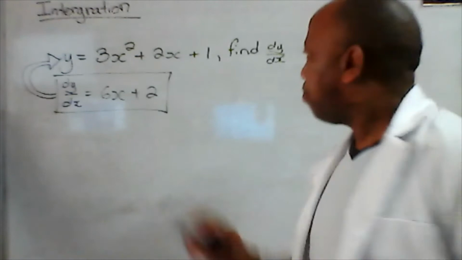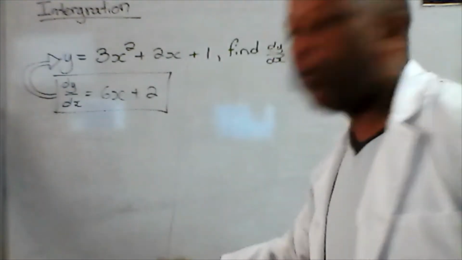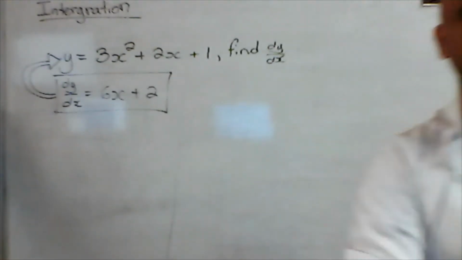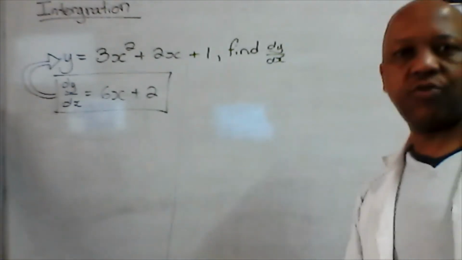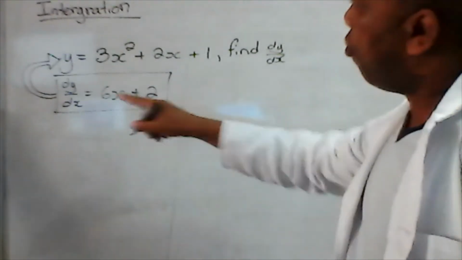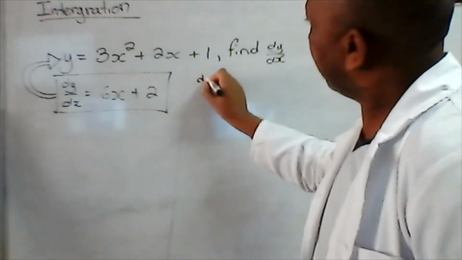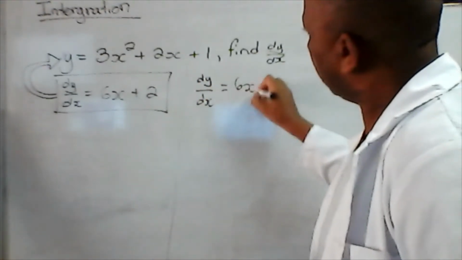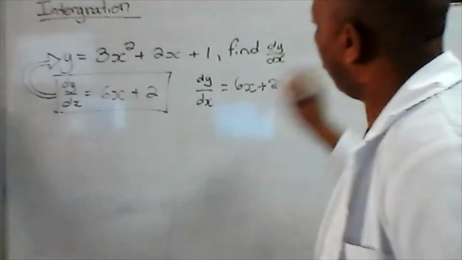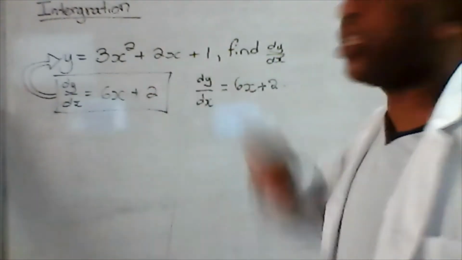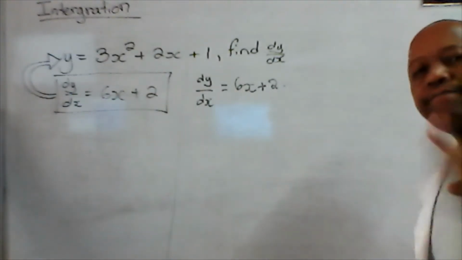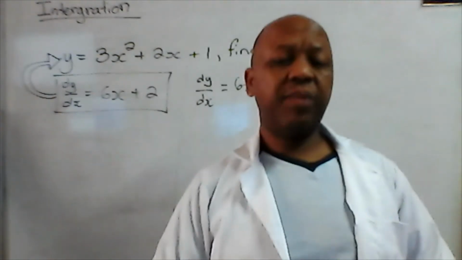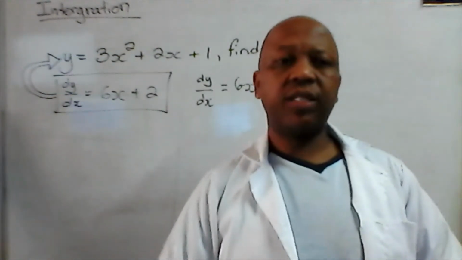Now for this particular task, we will have to integrate it. We'll have to apply our integration rules. So we are given dy/dx equals 6x plus 2, and we want to get back the original function. This is going to be a little bit tricky in the end, especially with the constant, but I'll explain as we go on.